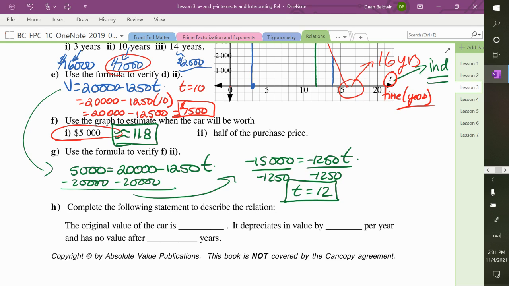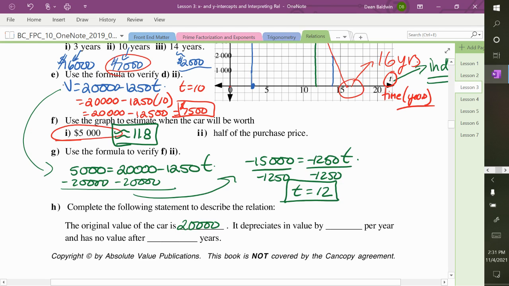All right. So let's complete this last sentence here. The original value of the car is $20,000. It depreciates. Do we know what that means? Goes down, lessens in value, by how much per year? Look at the formula.